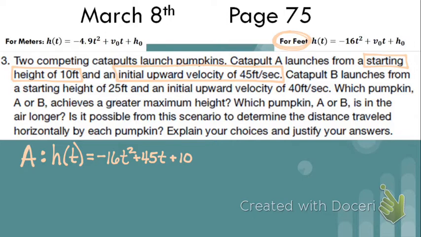Now I need an equation for catapult B. What does it need to start with since I want an equation? Yes. My function notation, which means the height of this pumpkin at any given time, is equal to what?